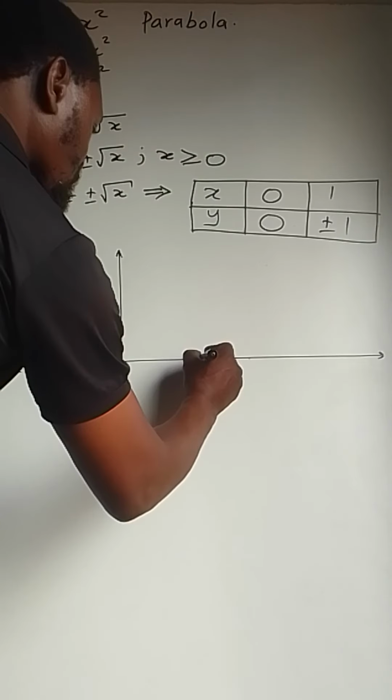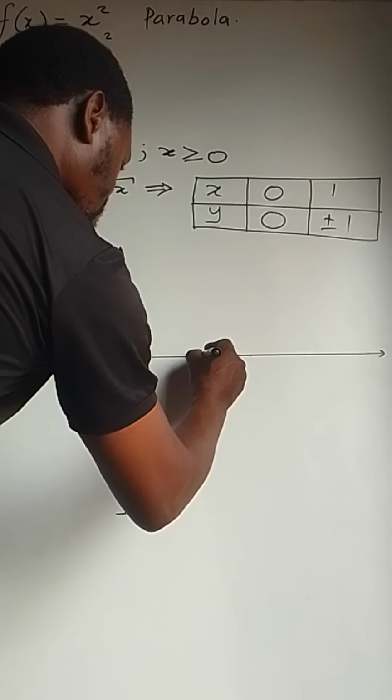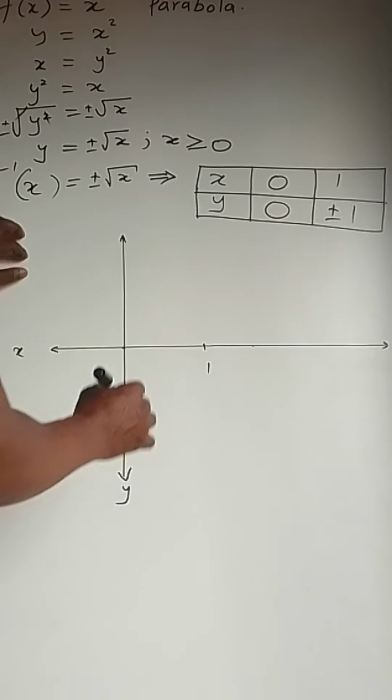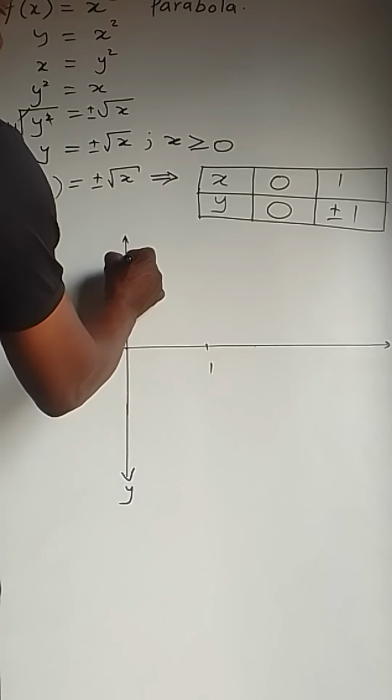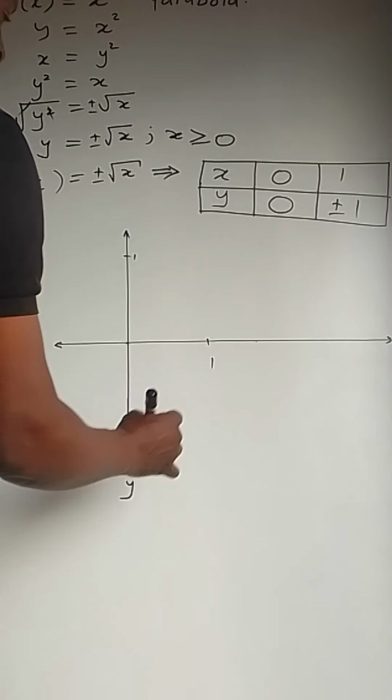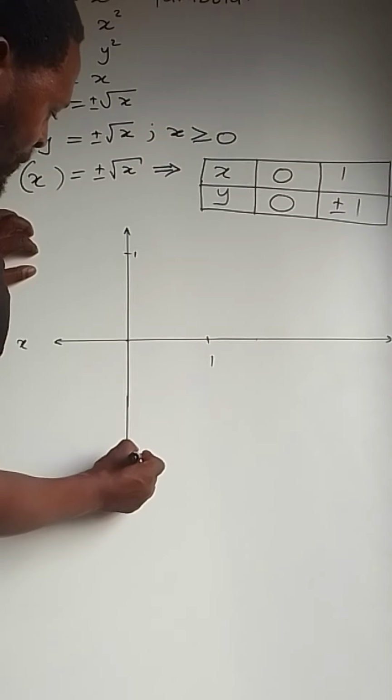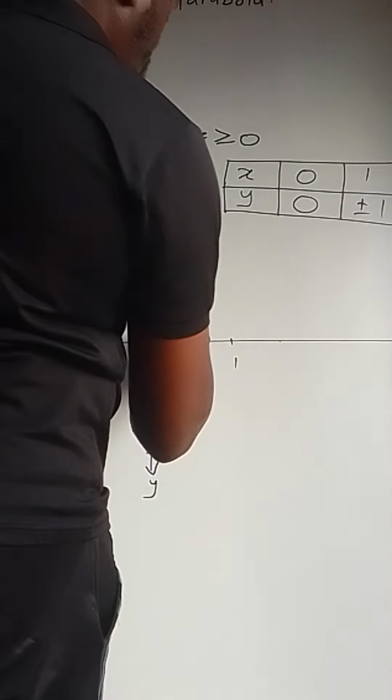We find the value of y of x here, it's 1. The value of y here is positive 1 and negative 1. Where do they meet?